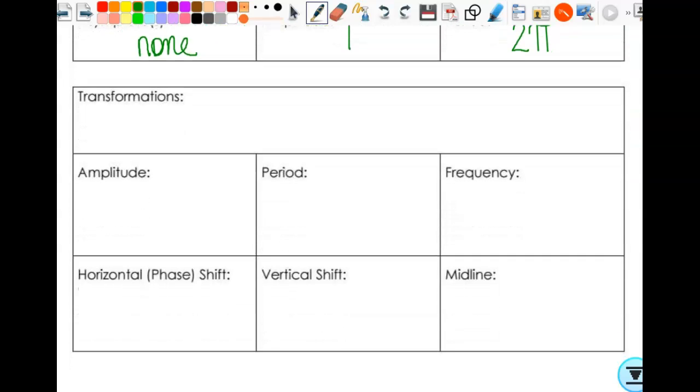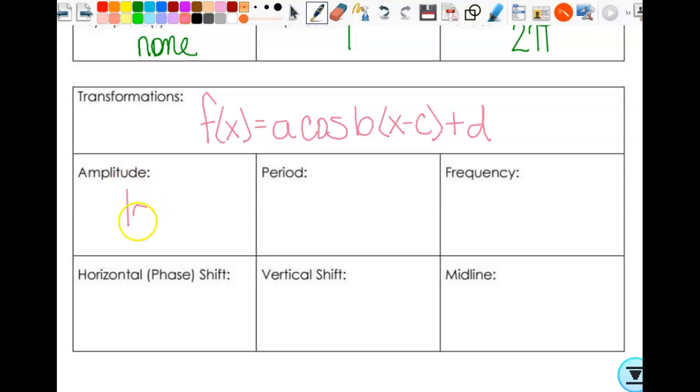So your transformations for cosine look like this. f of x is equal to a times cosine of b times (x minus c) plus d. Amplitude is still the absolute value of a.